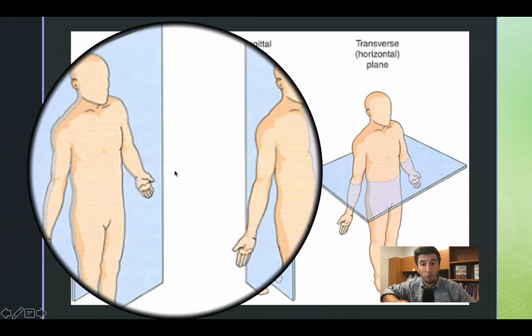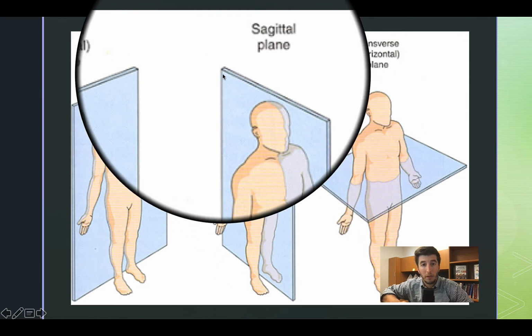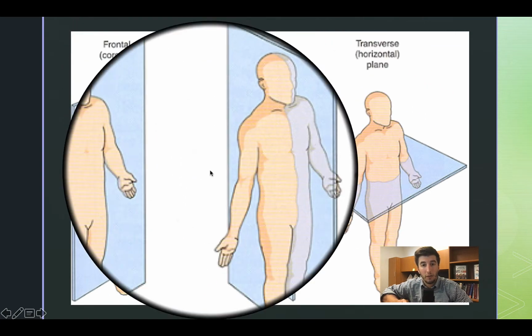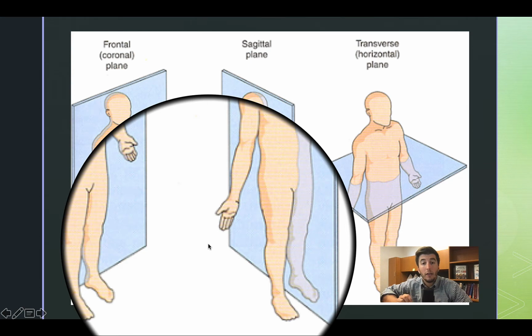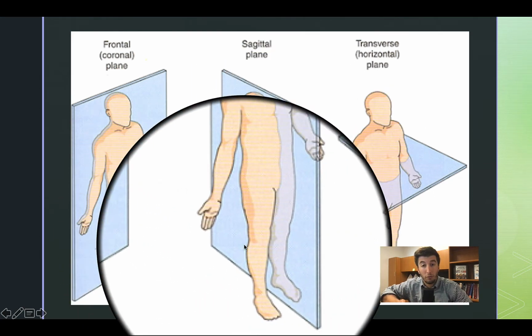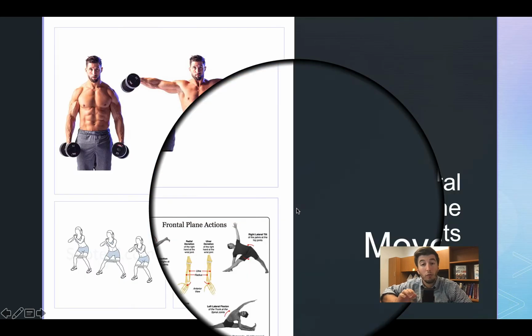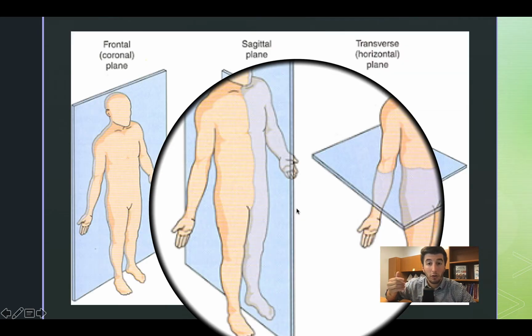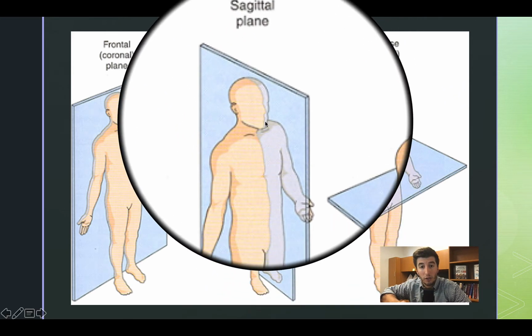A sagittal plane movement would be occurring in the direction of this plane here as well. So that means that as the palm rotates forward, as you flex your bicep, you're actually going to be moving in a sagittal plane. Same thing with flexion extension of the head.